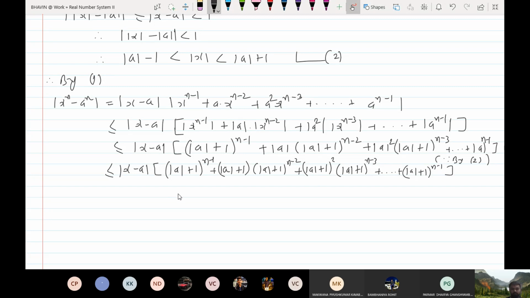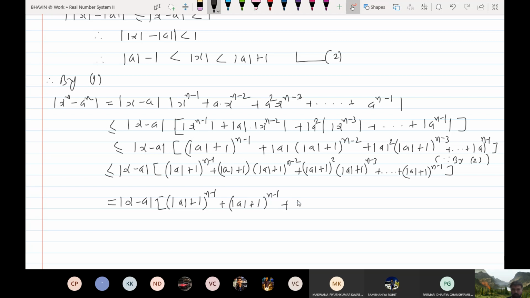Okay. So this is equal to, I will keep |a| minus x minus a as it is. This is (|a|+1) raised to n minus 1. Now here |a|+1 into (|a|+1) raised to n minus 2. So I will put this together. Here power 1 and here n minus 2. Therefore you will get (|a|+1) raised to n minus 1.